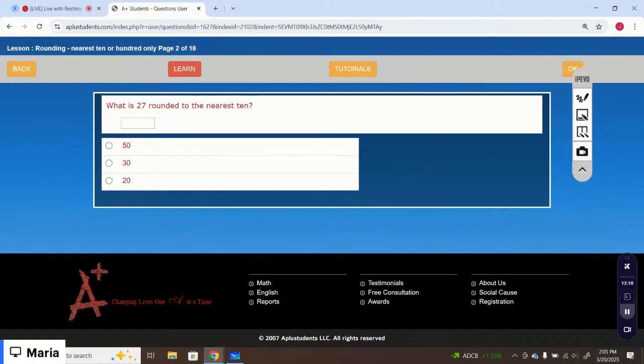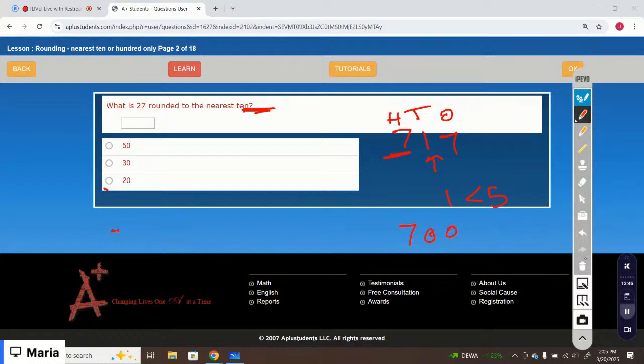What is 27 rounded to the nearest 10? Okay, 27. Two is the digit that is at the tens position. Right next to 2, on the right hand side, you have 7. 7 is greater than 5, that means you need to round up.